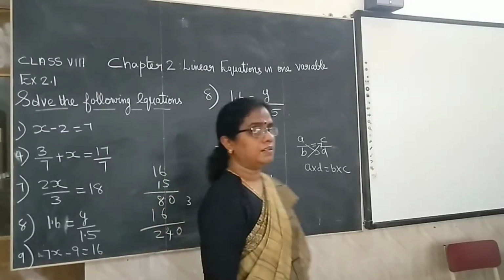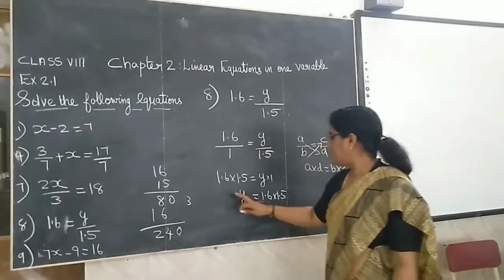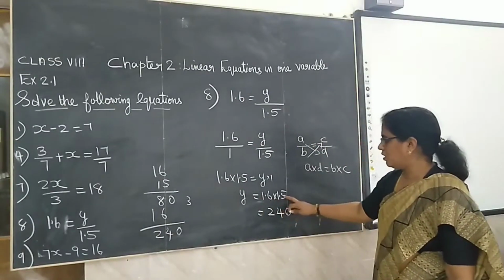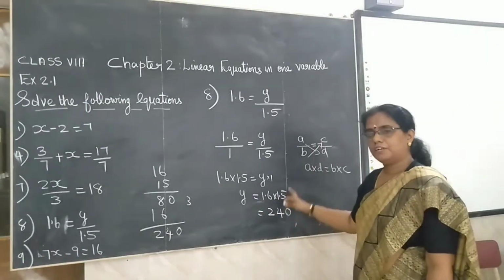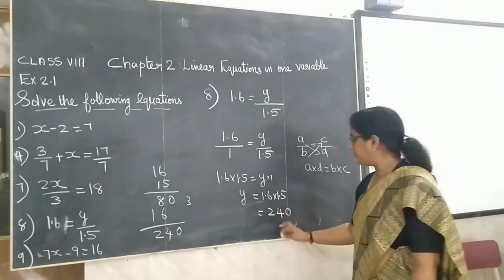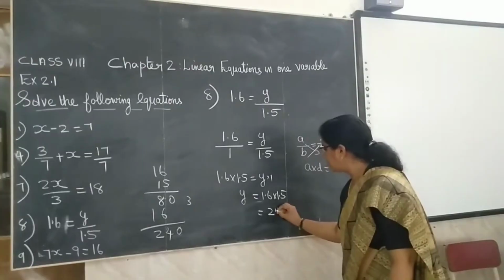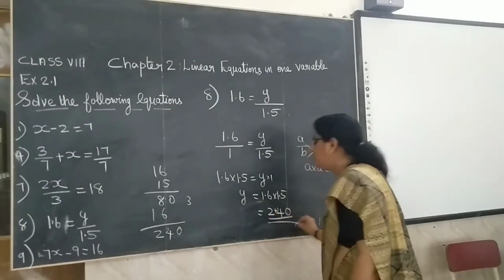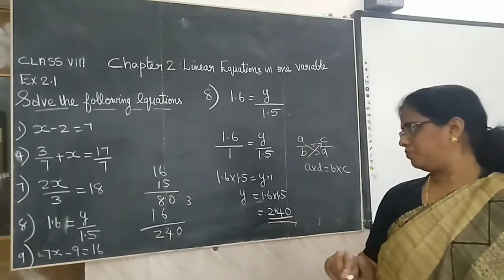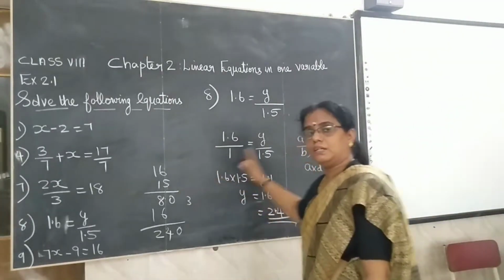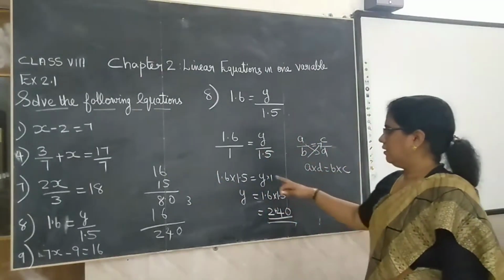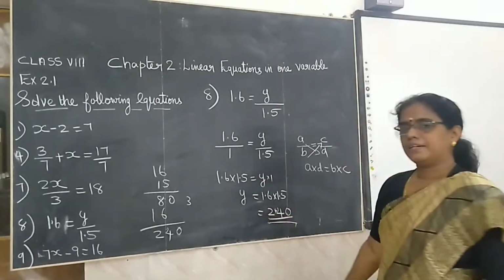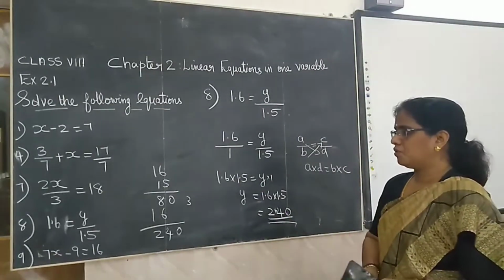And here you can see after the decimal 1 digit, and here also after the decimal 1 digit. Therefore, in the answer after the decimal 2 digits. Therefore, the answer is y equal to 2.40. Do this calculation in the right side margin. So the answer is y equal to 2.40.